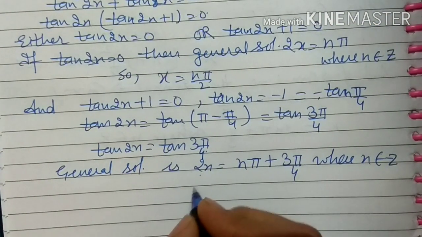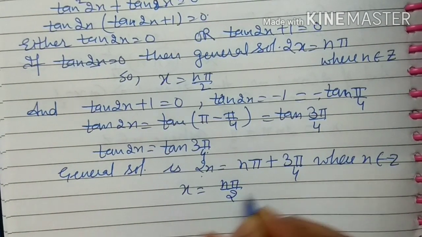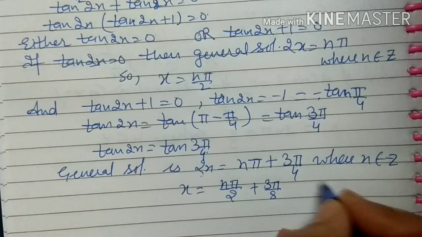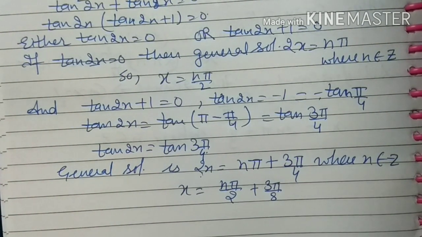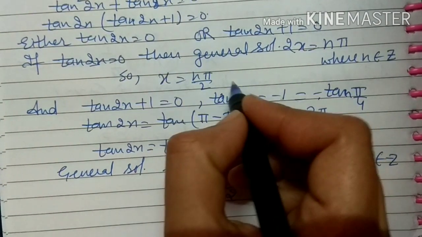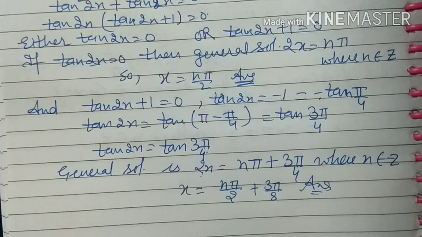We have 2x equals this, so for x we have n pi by 2 plus 3 pi upon 8, dividing by 2 here, where n belongs to the set of integers. So in this way we get two solutions here, one is this and one is this. So question number 8 is done here.